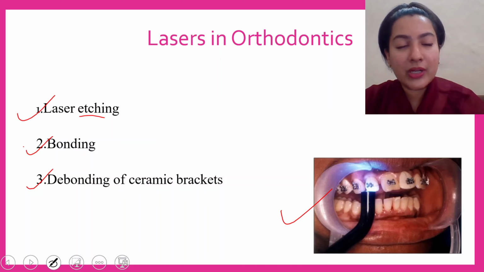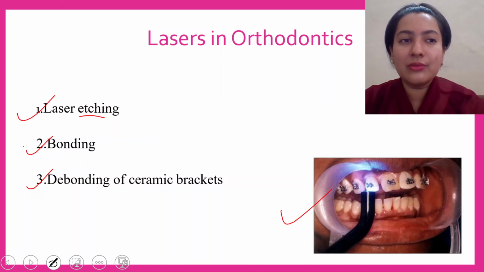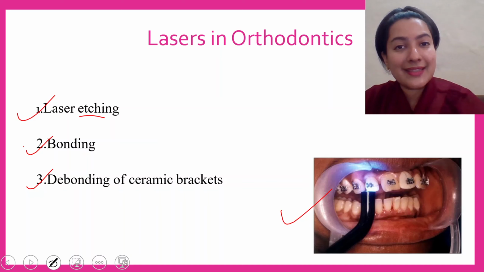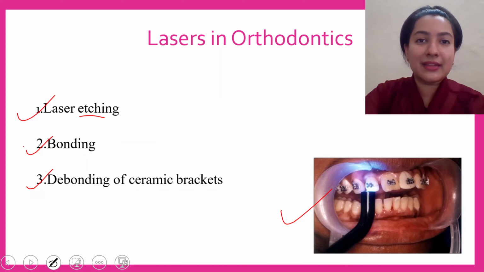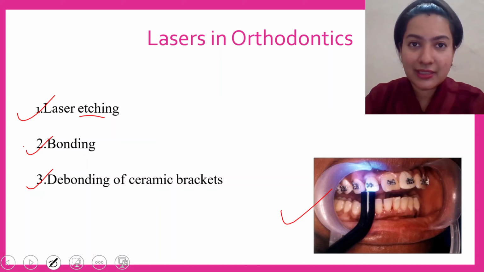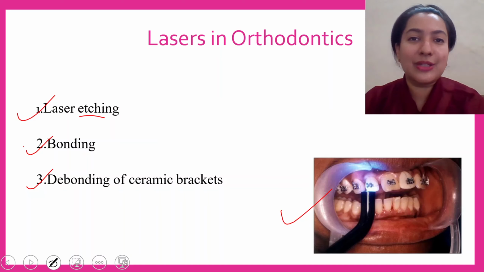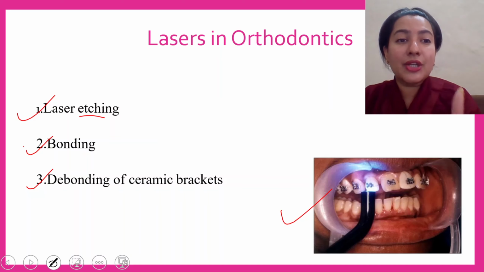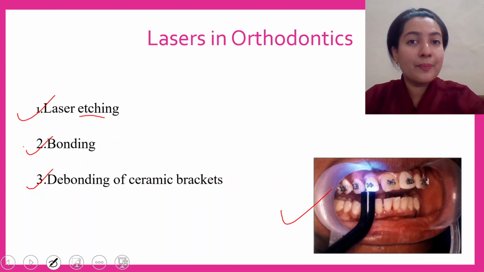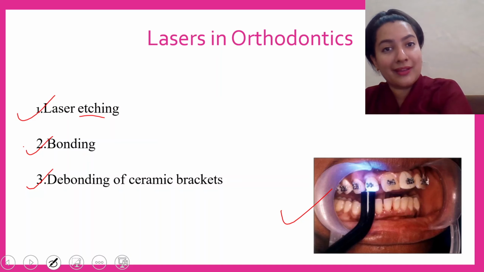Then we have to remove it with the air rotor. So it becomes a little difficult task. So therefore we have lasers which have come up. All we need to do is point the laser light at the mesh area and my bracket gets debonded. Okay, so you see my lasers are used right from etching, bonding to debonding, right?